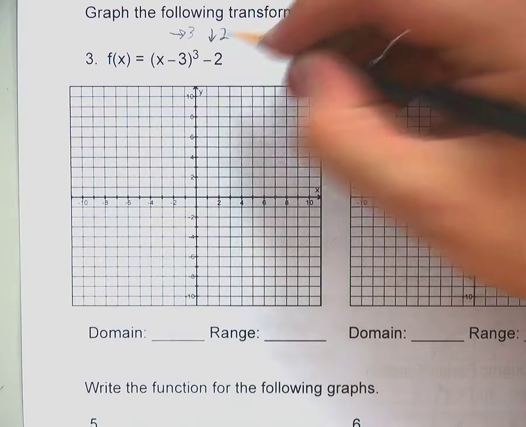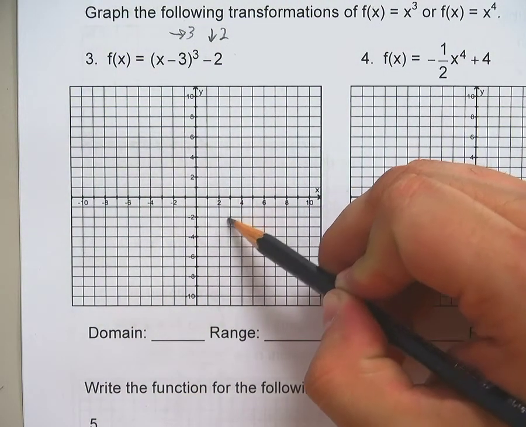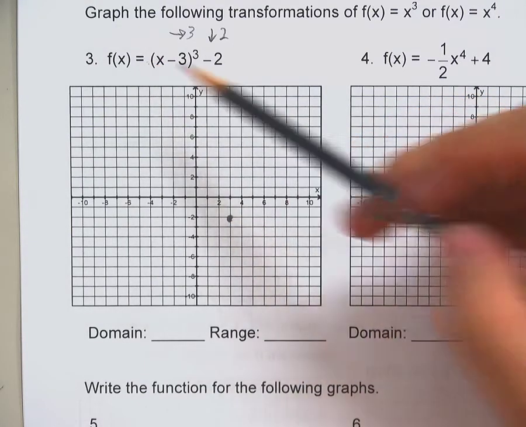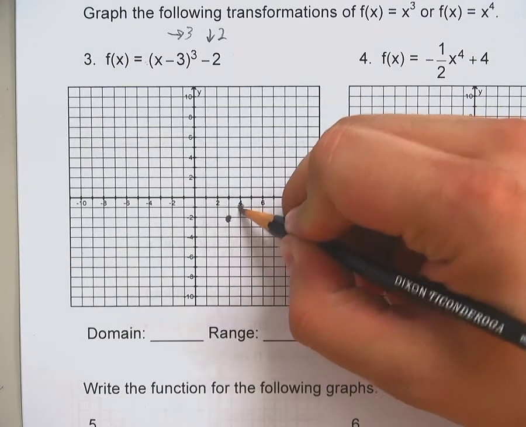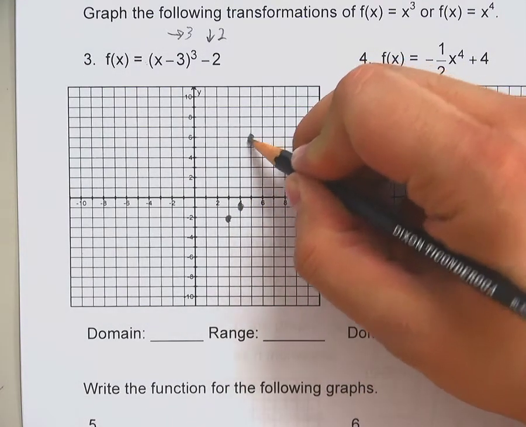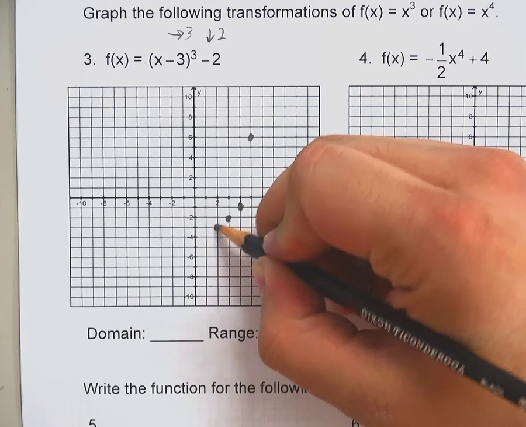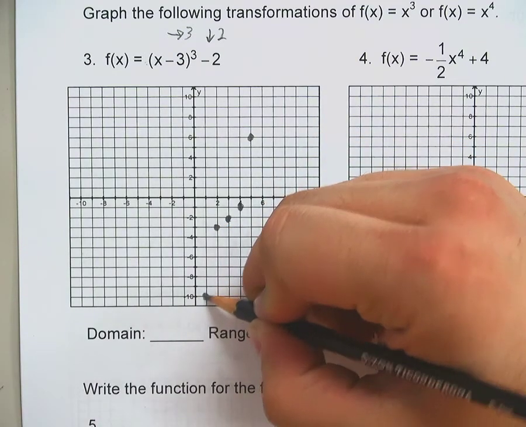This still says down 2. So I'm going to go from 0, 0, go right 3 and down 2. Notice I'm not changing a horizontal stretch or shrink. So it's up 1 over 1, up 7 over 1. And it's down 1, left 1, down 7, left 1.